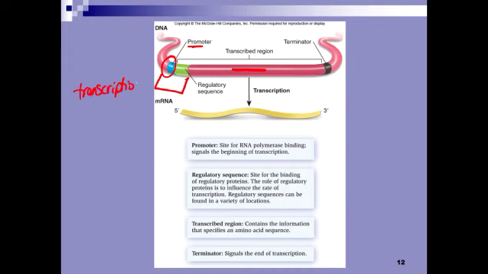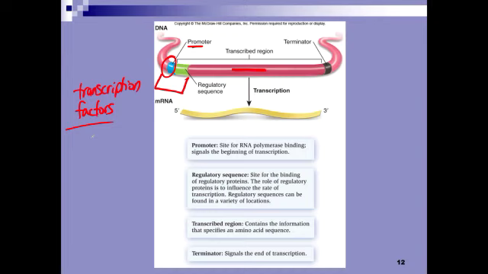Transcription factors, and we have studied these actually. We looked at them in Unit 2. Transcription factors are proteins that are usually turned on by a cell signaling pathway. Remember when we talked about the RAS-RAF-MEK pathway, and we talked about the EGFR pathway and the GPCR pathway? Well, it was particularly the epidermal growth factor receptor.